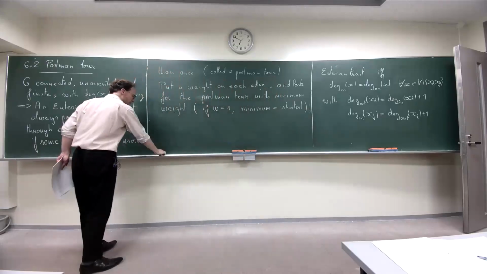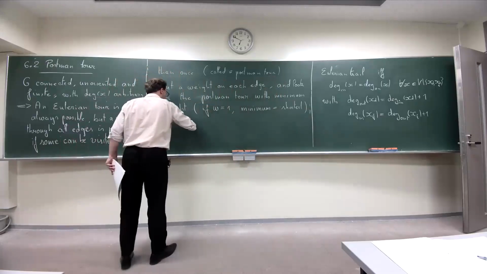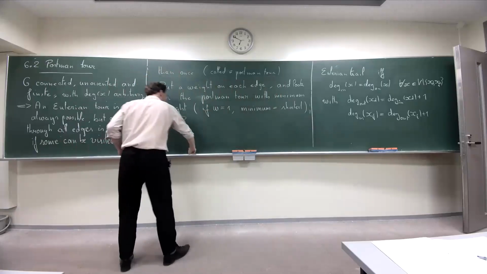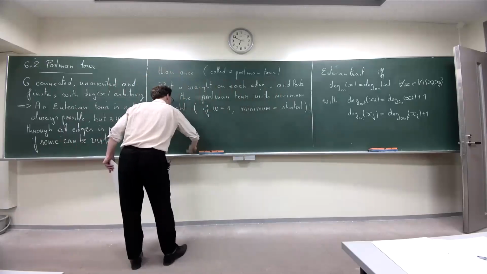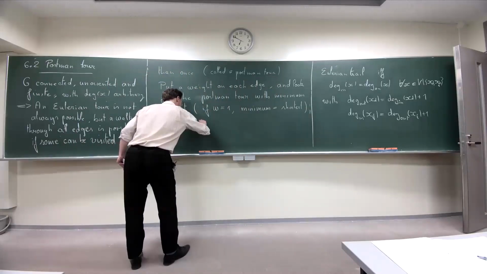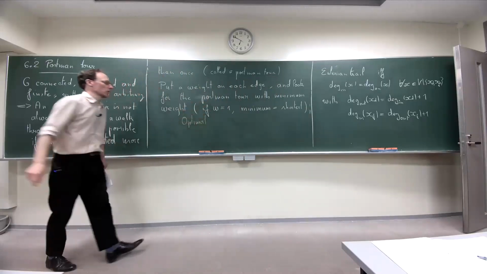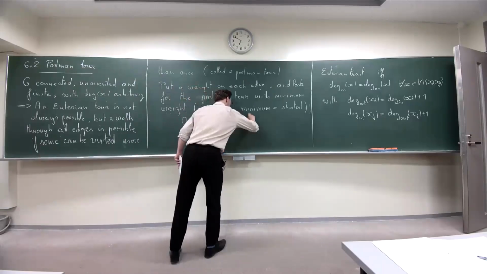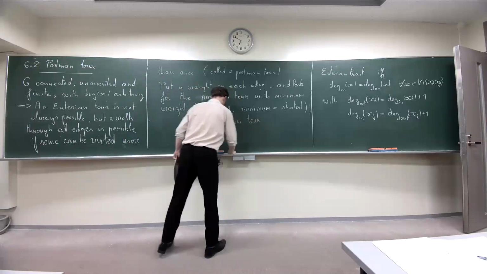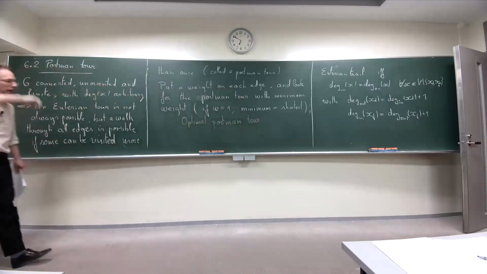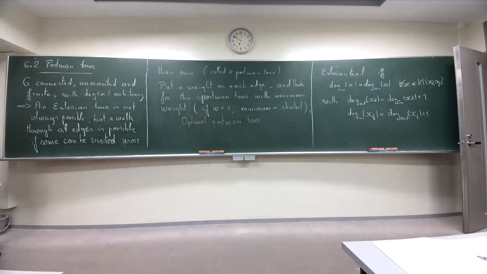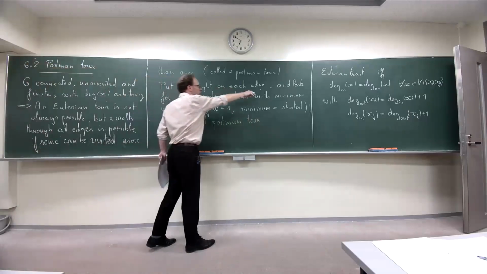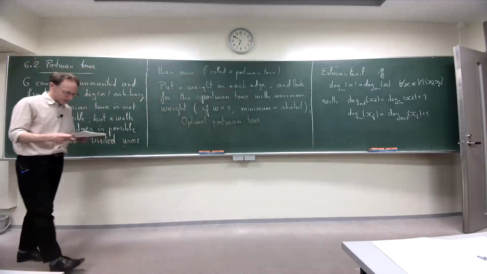And answering this problem is the optimal Postman tour. Finding this tour is called the optimal Postman tour. Okay, I hope it's clear for everybody. We're allowed to come back or to visit one edge several times, but still we want to visit all of them, but with a minimum total weight or minimum total length.